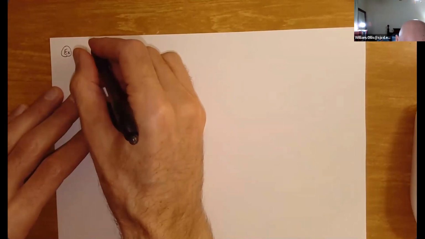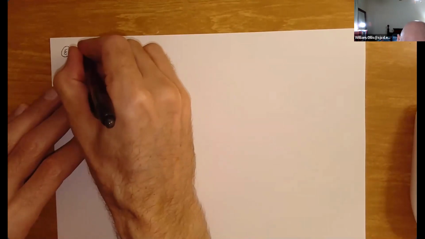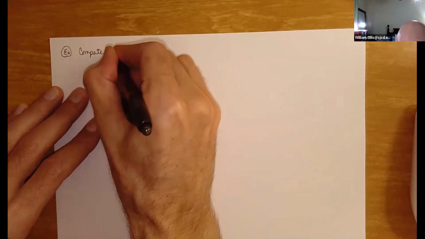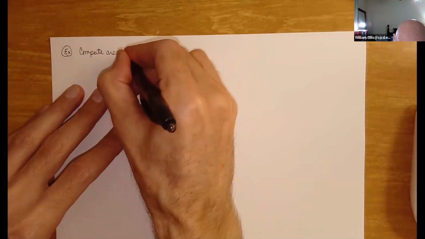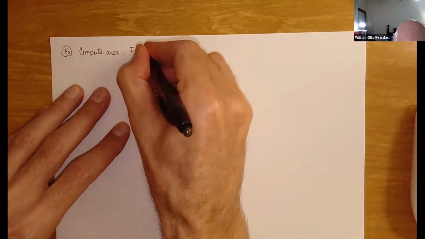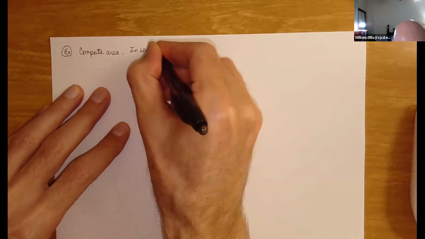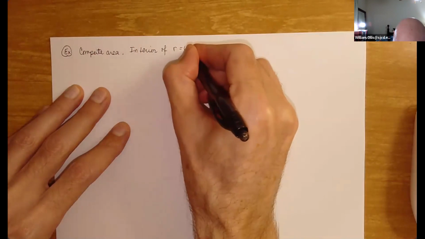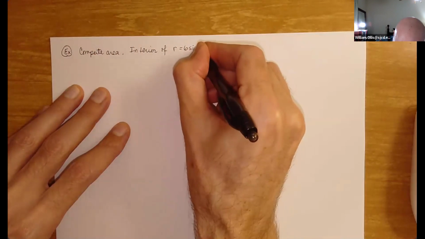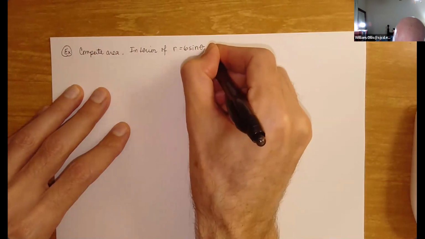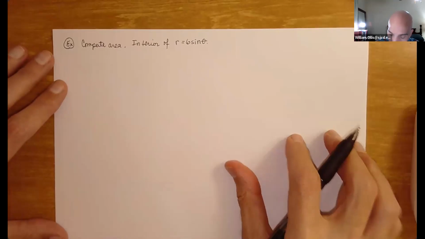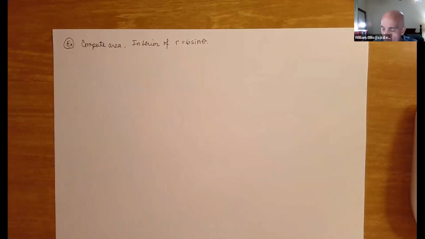We want to compute area, and in this case, this would be the interior of r equals 6 sine theta. Of course, you really wouldn't need the calculus to do this, but I want to use this as a nice introductory example. So how will we do this?